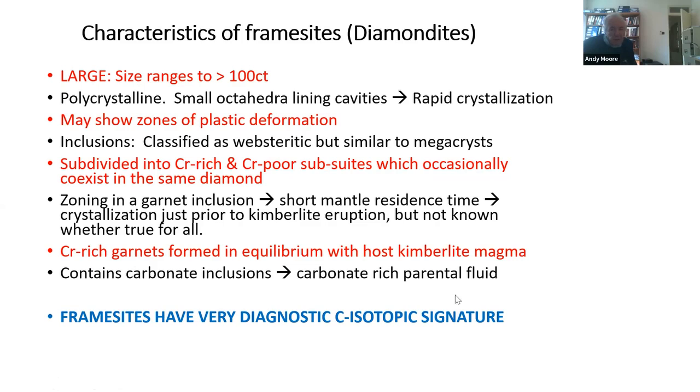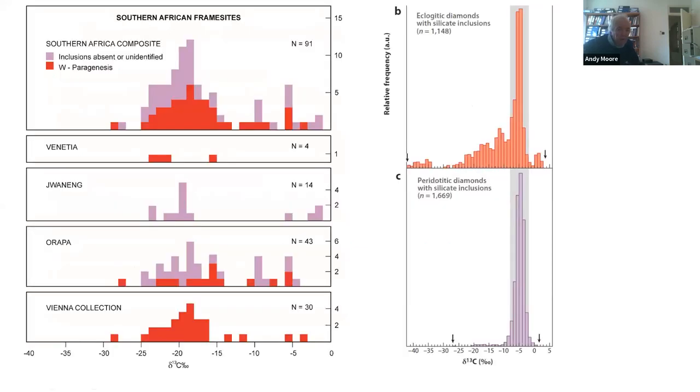Then extremely important is that they have a very unusual and very diagnostic carbon isotopic signature, which is shown here. The bottom four panes are for individual localities. The top is a composite. The red are framesites with inclusions, and the lighter color inclusion-free framesites.